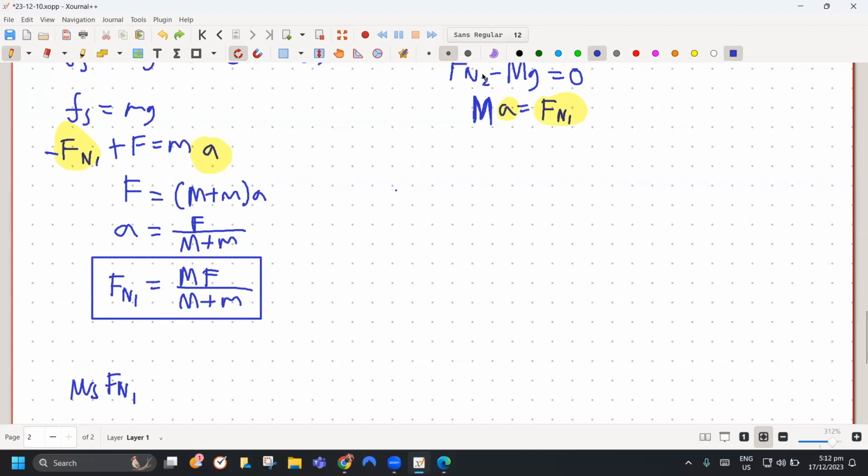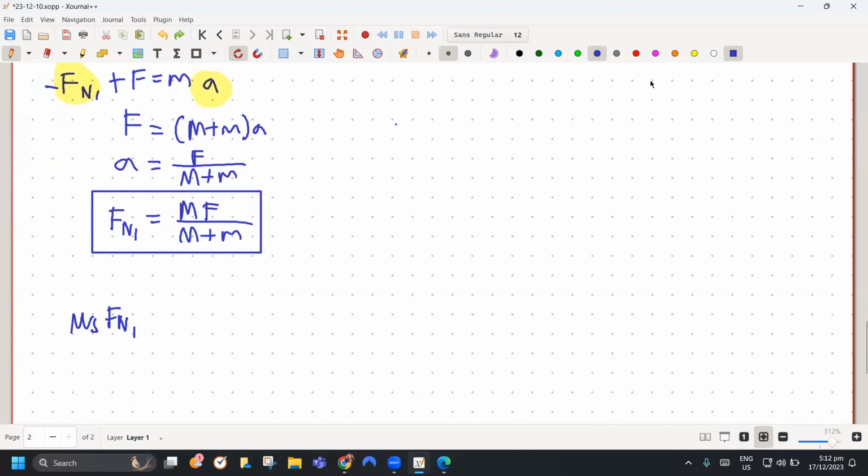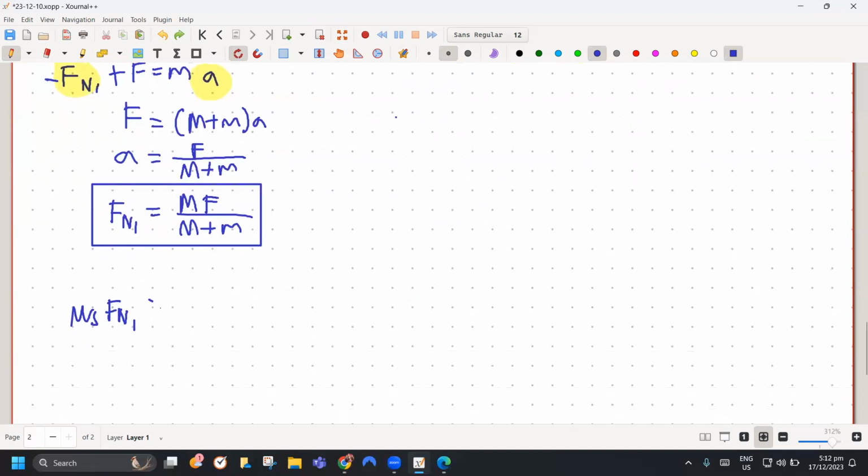Ngayon, yun yung ano, di ba? Yung mu s Fn, that's going to be the maximum static friction na kayang isupply ng system. So, dapat that should be greater than or equal to yung actual na gravitational force, which is mg.